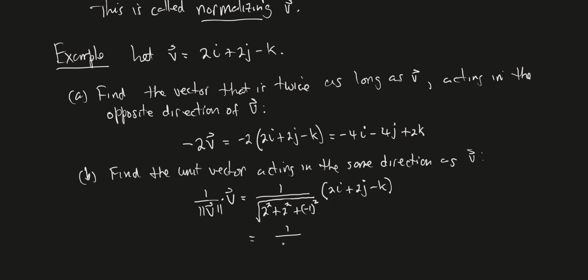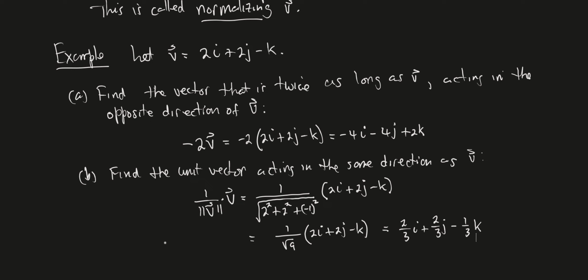So this is 1 over root 9 times 2i plus 2j minus k. That works out nicely. We're going to end up with 1/3, and then distribute the 1/3 to get 2/3 i plus 2/3 j minus 1/3 k. So this is a unit vector that points in the same direction as v.